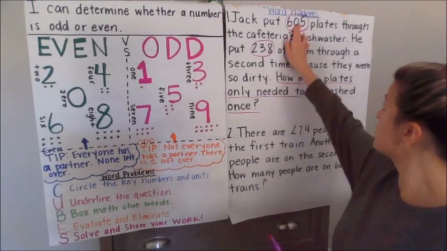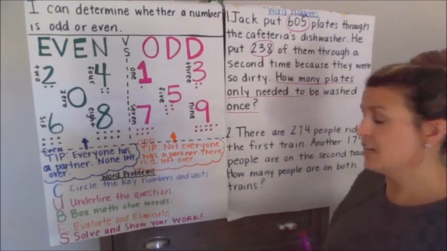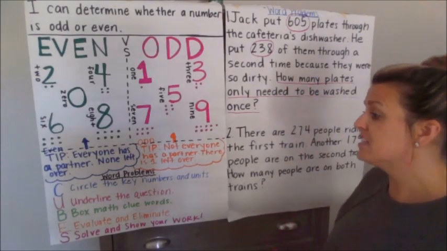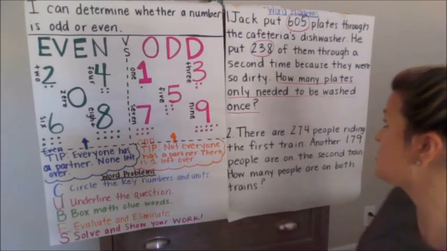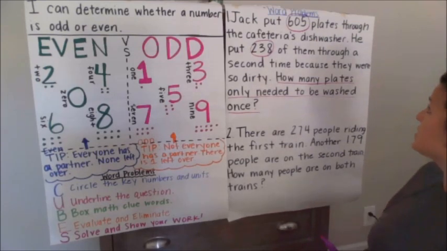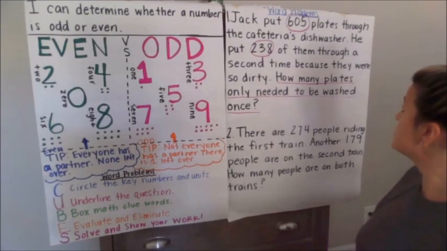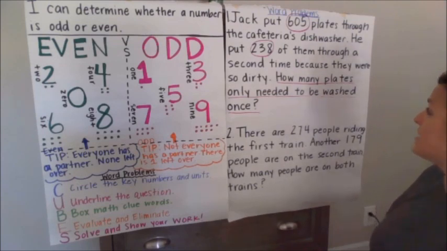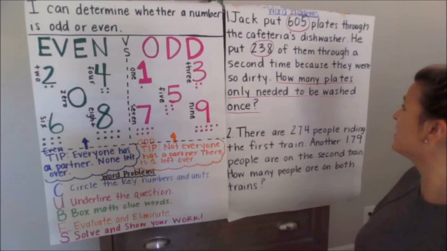So I've circled the key numbers in units. I've underlined my question, and I need to box the math clue words. So let's look back. Jack put 605 plates through the cafeteria's dishwasher. He put 238 of them through a second time because they were so dirty.